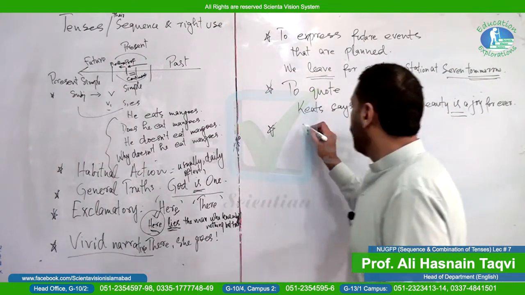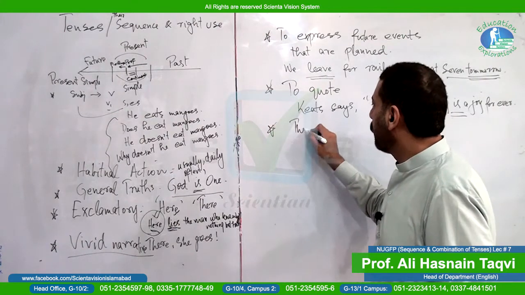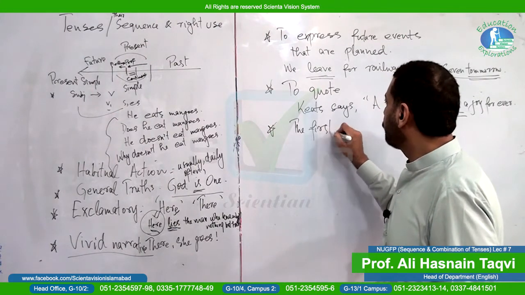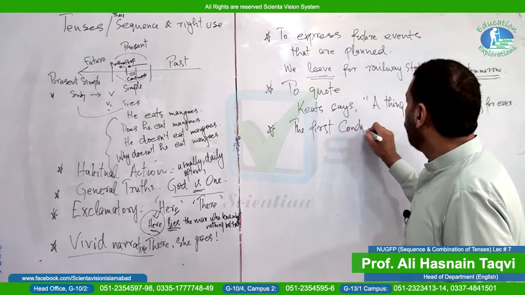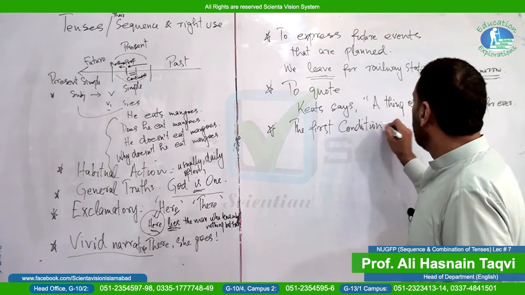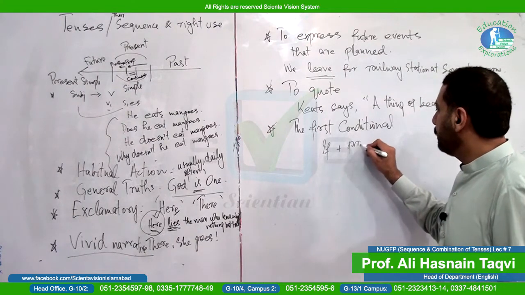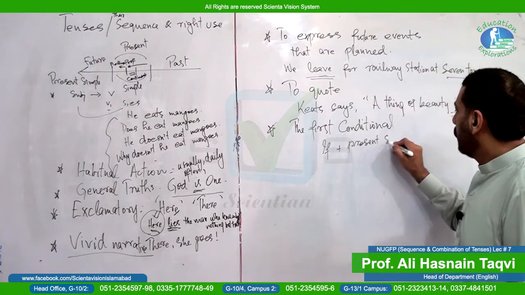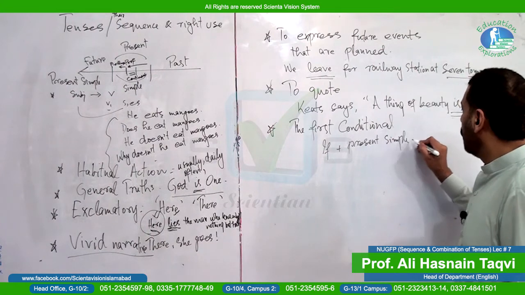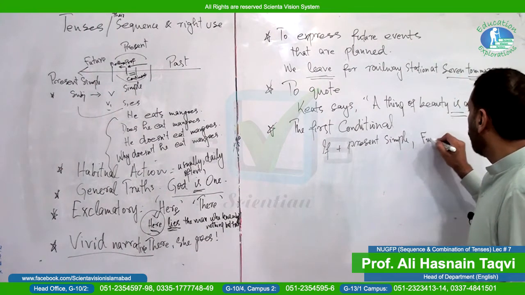You already are aware of the first conditional, where we have a sequence of tenses. One in the if clause is present simple, and then your independent clause goes into future simple.